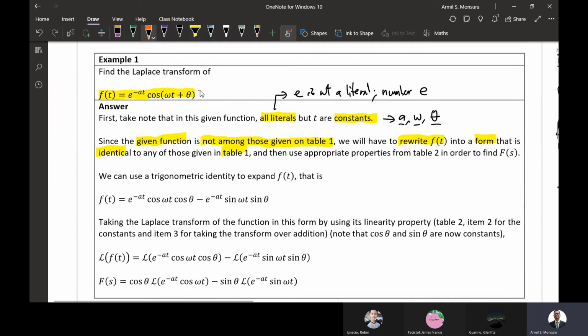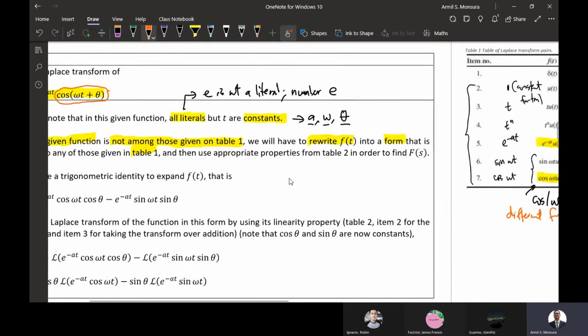Itong function na to, pwede natin itong gamitan ng trigonometric identity. Okay, so anong trigonometric identity yung pwede nyo gamitin dyan? Verify nyo na lang to, no? Hindi na akong papakita ng source, pero ang trigonometric identity that applies to that is yung sum of angles natin.